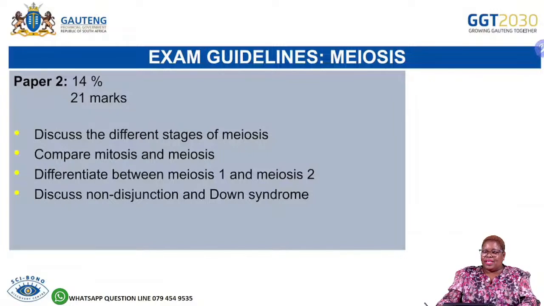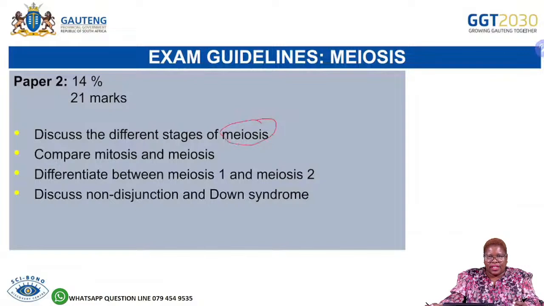According to the exam guideline, with meiosis, you need to understand the following. You need to be able to discuss different stages of meiosis. That is why, as we continue with this topic, we'll be showing you those pictures and stages so that you can quickly differentiate between the two phases, that is meiosis 1 and meiosis 2.